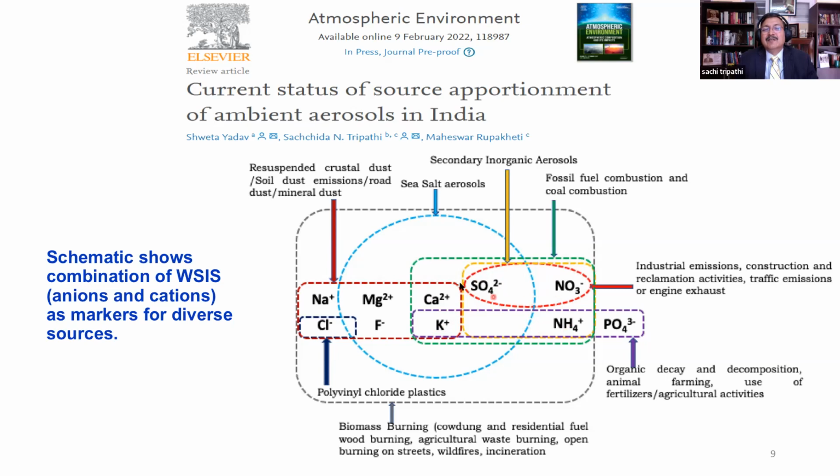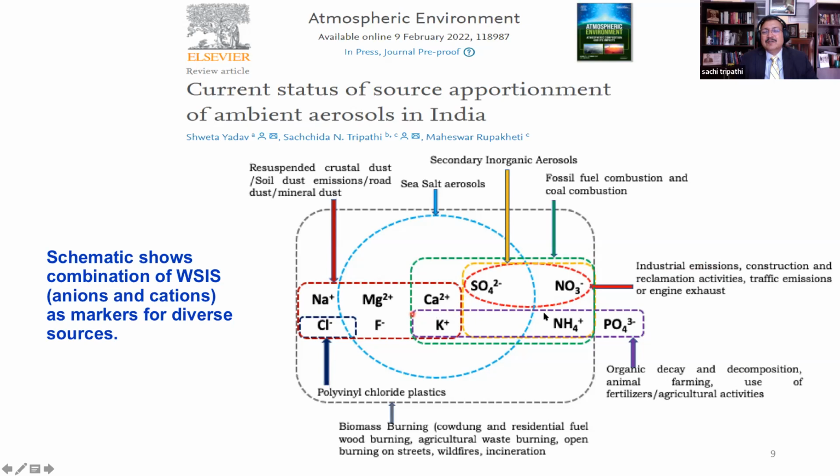In the orange box, secondary inorganic aerosol, those that form in situ in the atmosphere, would have sulfate and nitrate, and also ammonia. Within this yellow box, there are three things: sulfate, nitrate, and ammonium. Out of that, two of them, sulfate and nitrate, may come from industrial emissions as well.